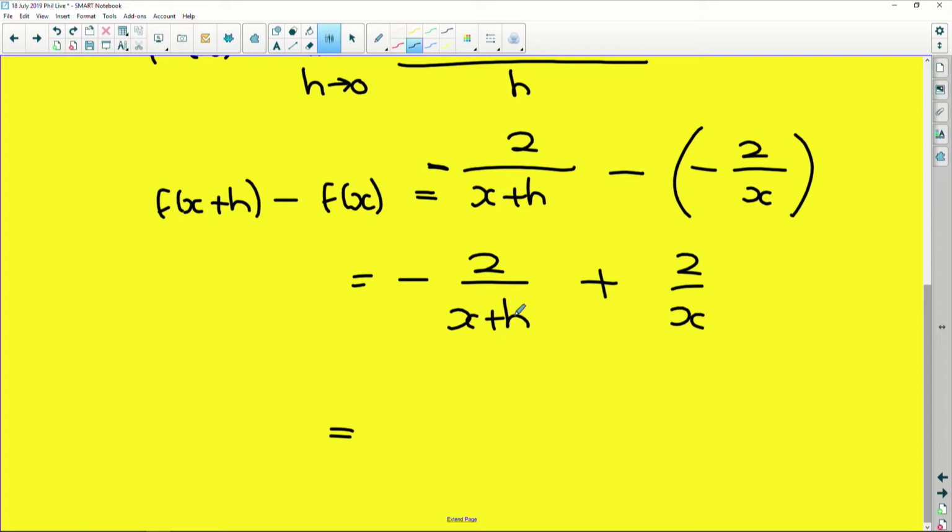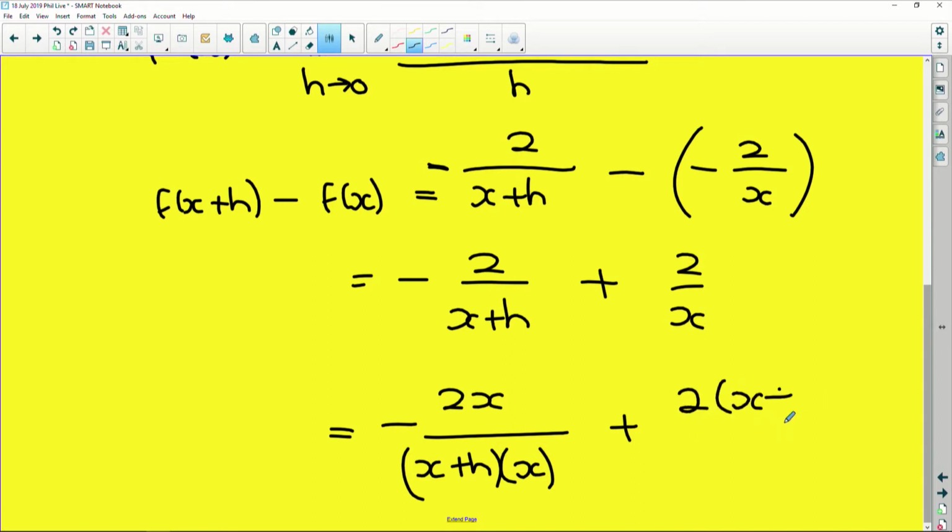What you do to the bottom, you do to the top. So we're going to have negative 2x all over x plus h multiplied by x. The second fraction, we need to multiply by x plus h. What you do to the bottom, you do to the top. So we're going to have 2 into x plus h all over x into x plus h.